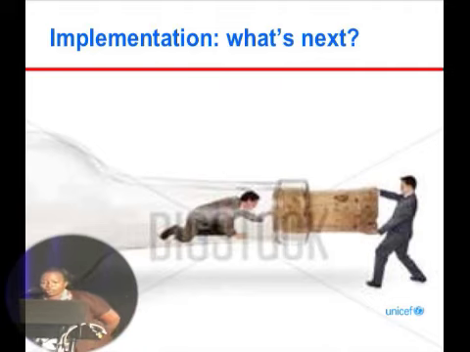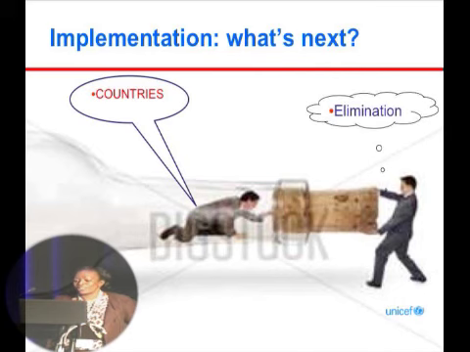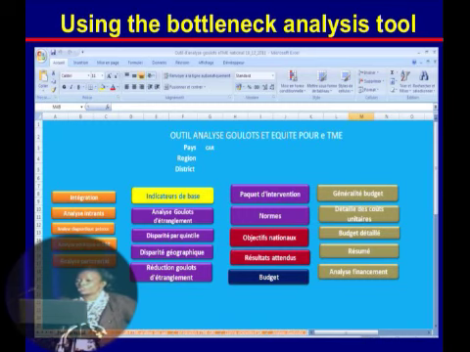What next? I just want to end my presentation by looking at the critical bottlenecks that we have to unbottle for moving forward. So these are the countries, and for elimination, we need to focus on what is the unfinished agenda.